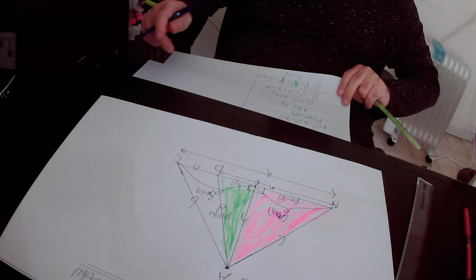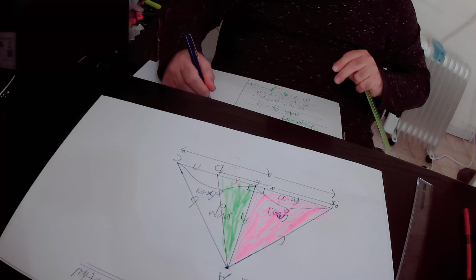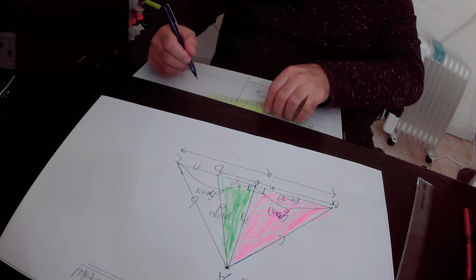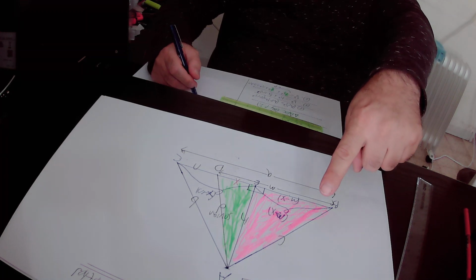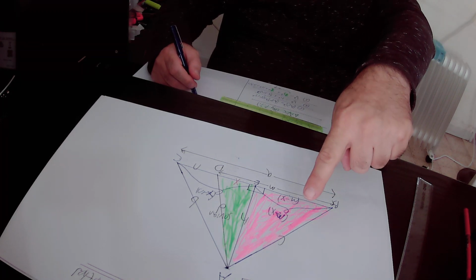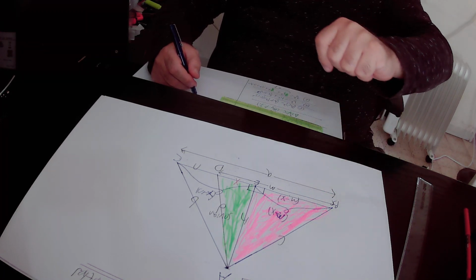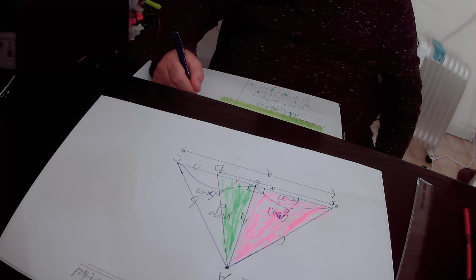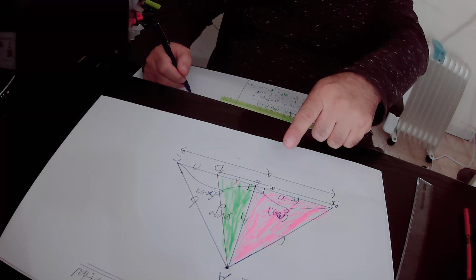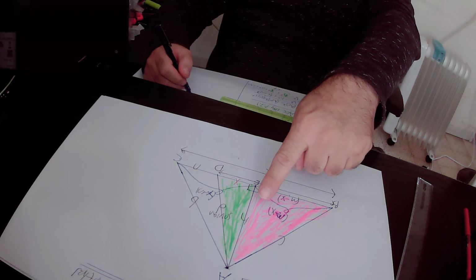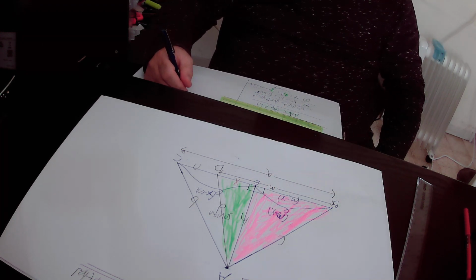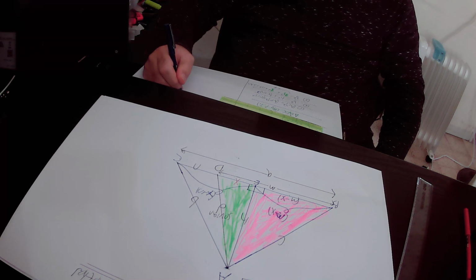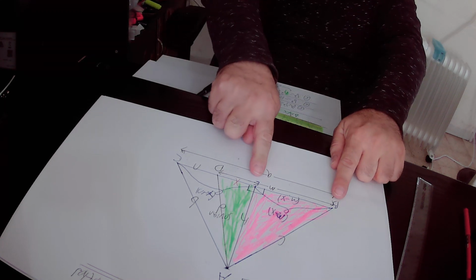So AB equals c, therefore AB squared is c squared, and it is equal to AE squared. AE is h, therefore AE squared is h squared, plus BE squared.